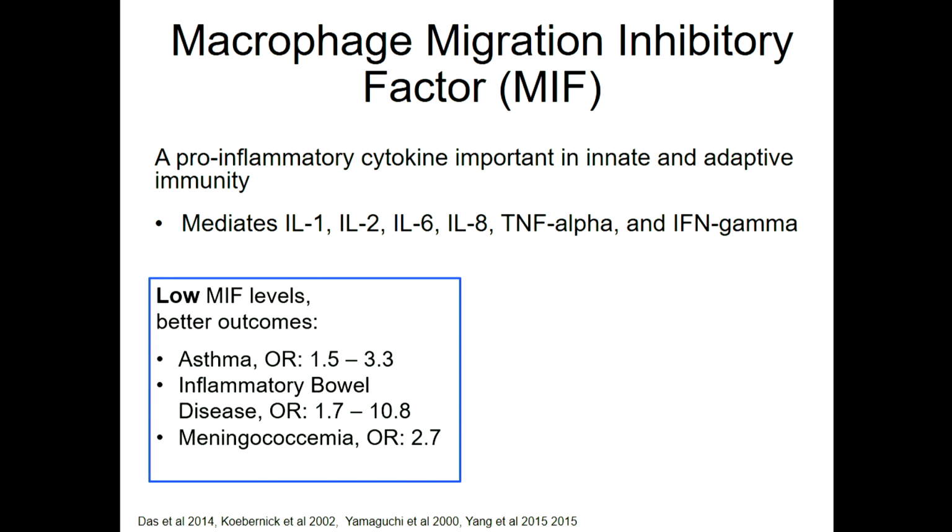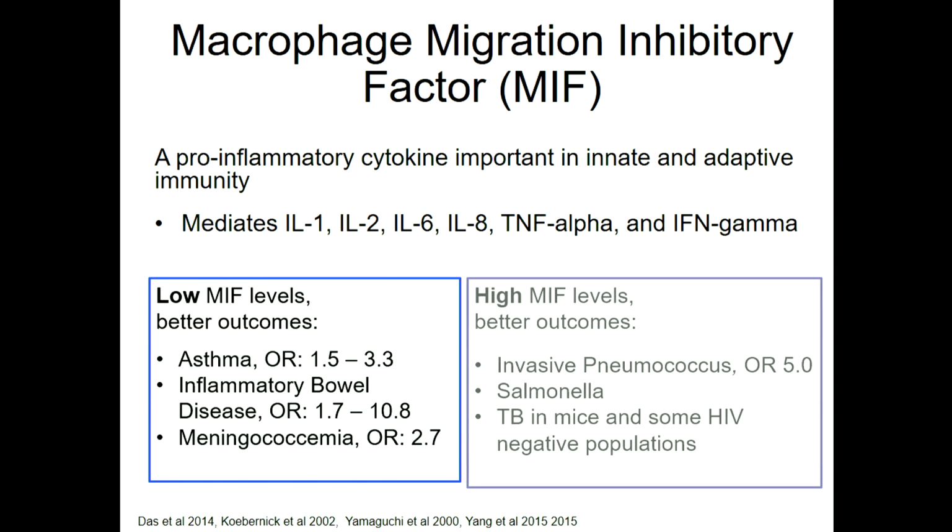On the other hand, you can have an infection such as meningococcemia, where inflammation is one of the main causes of the pathology, and actually having lower MIF levels and thus lower inflammation is beneficial. Conversely, high MIF levels, which also means higher inflammation, can lead to better outcomes or be a protective factor in invasive pneumococcus, a salmonella infection, and in mouse models, TB knockouts of the MIF gene have actually shown to increase the burden of tuberculosis.